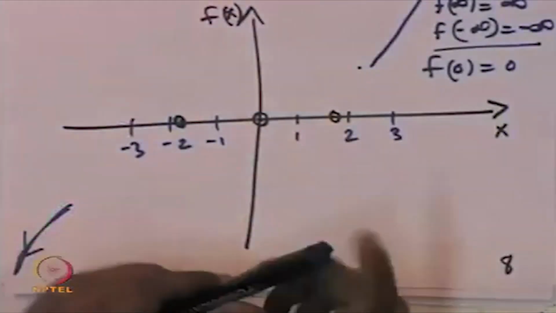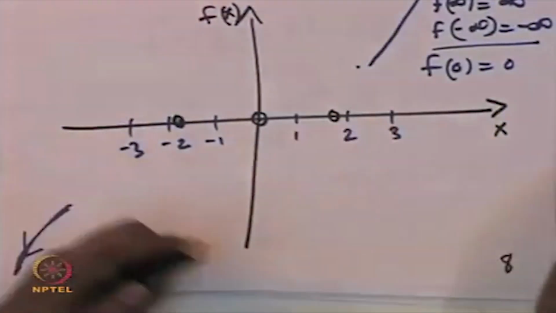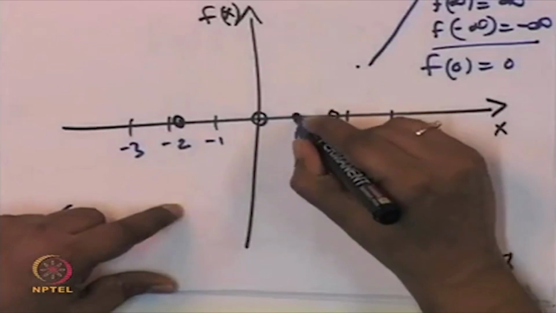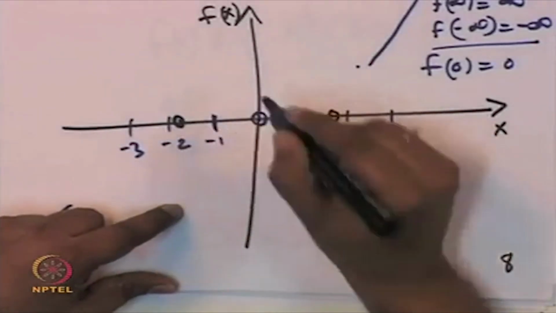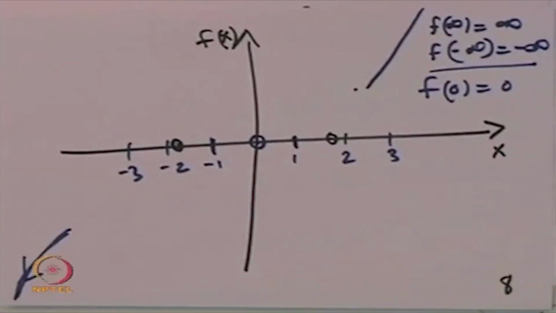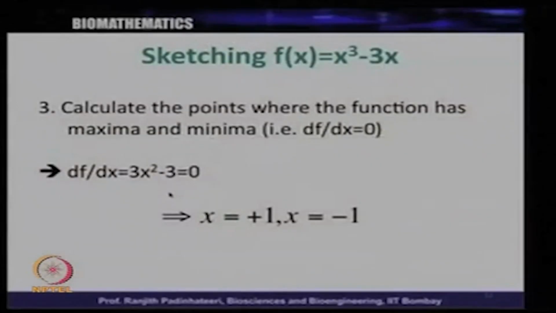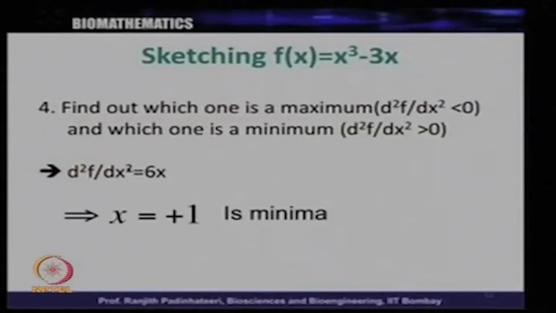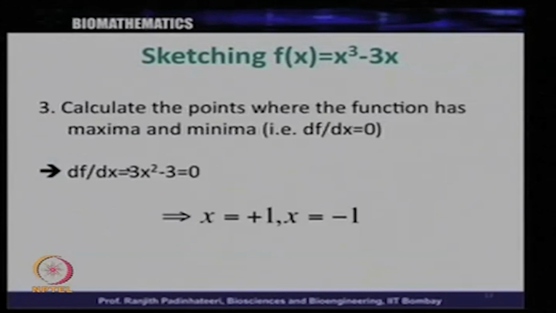So, let us go back to this curve. At x equal to plus 1 and x equal to minus 1, at this point and this point, we have either a maxima or a minima, and we want to find out which. That is the next thing in the recipe. So, what did we find so far? We found that at x equal to plus 1 and minus 1, we have maxima or minima.